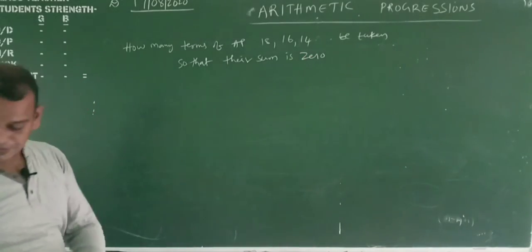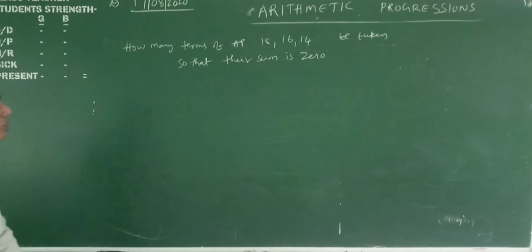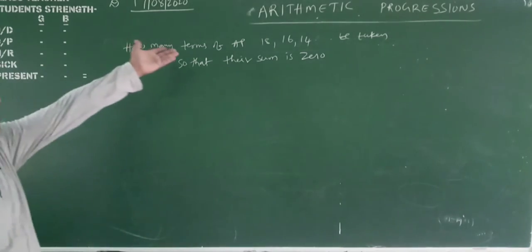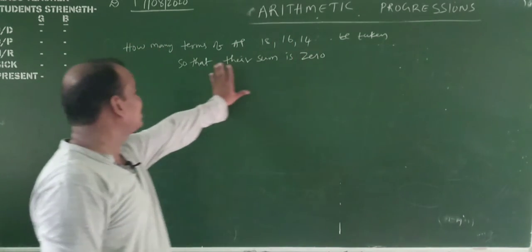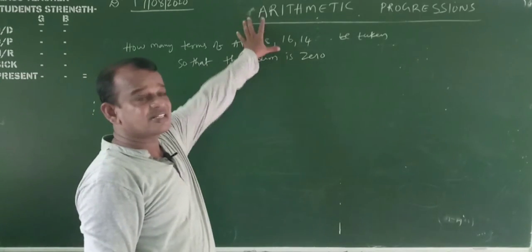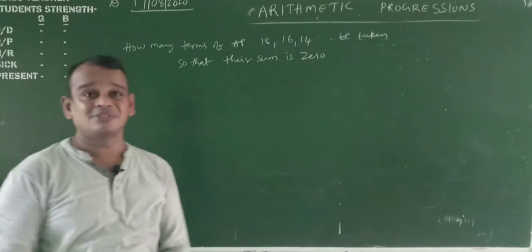How many terms are there in this one? Compulsorily, the sum of those terms is 0. The sum is 0, not the nth term.